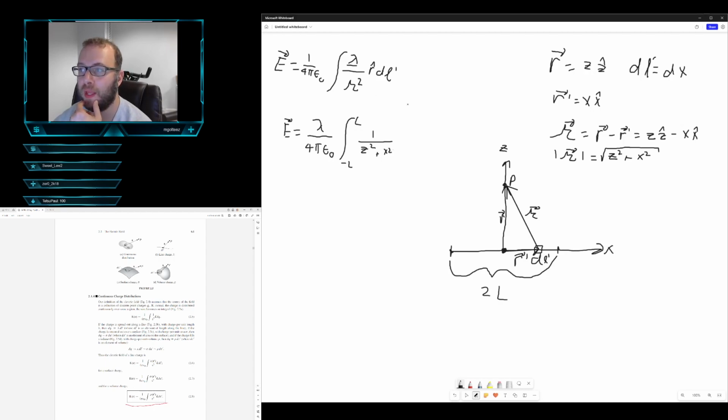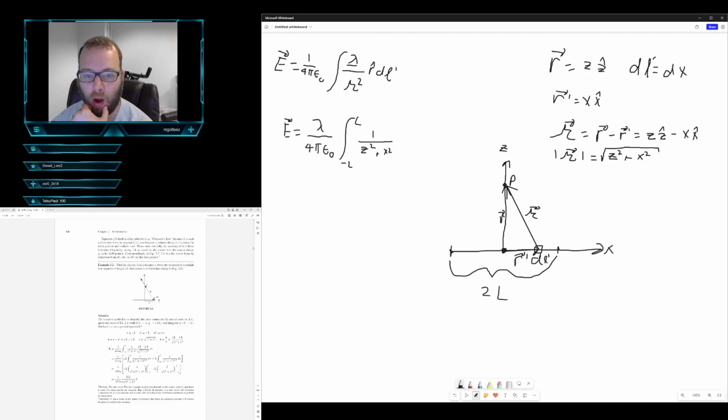Now, what is r hat? Remember, r hat is simply cursive r over cursive r magnitude, and then dx, because that's what dl prime is.